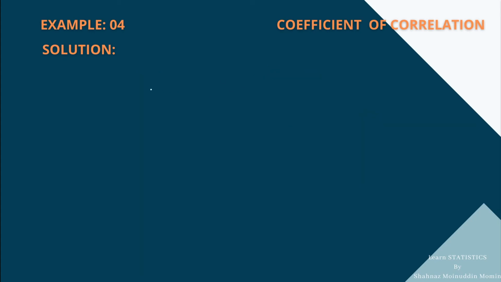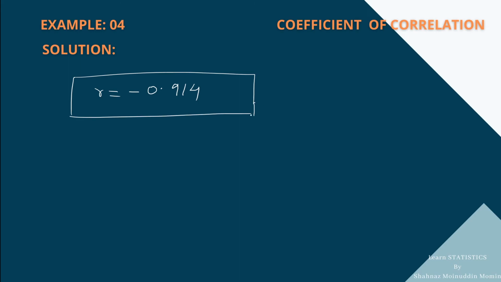Hence the value of correlation coefficient between x and y is minus 0.914. This is the value of r, and from the value of r it is observed that there is a high degree of negative correlation between the two variables x and y.